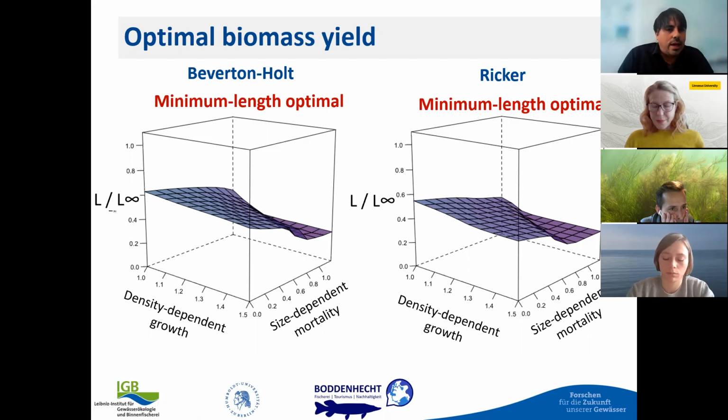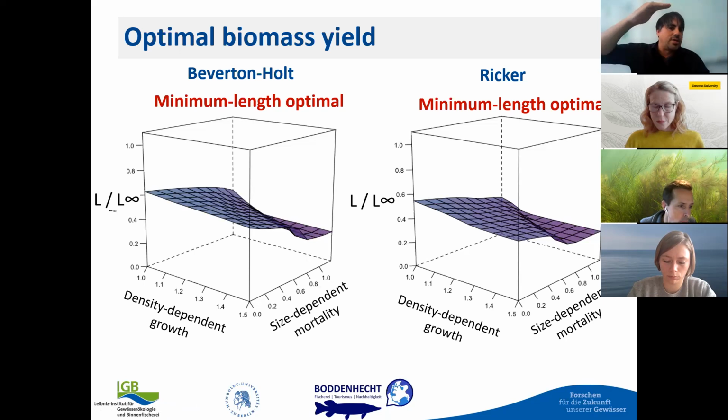So what you see here, independent of the stock recruitment curve, and independent of the degree of density dependence and size dependence, in all cases, a minimum length limit is considered optimal. The model says you should let the fish grow to a certain size, defined by a length over length infinity, and then harvest them aggressively.